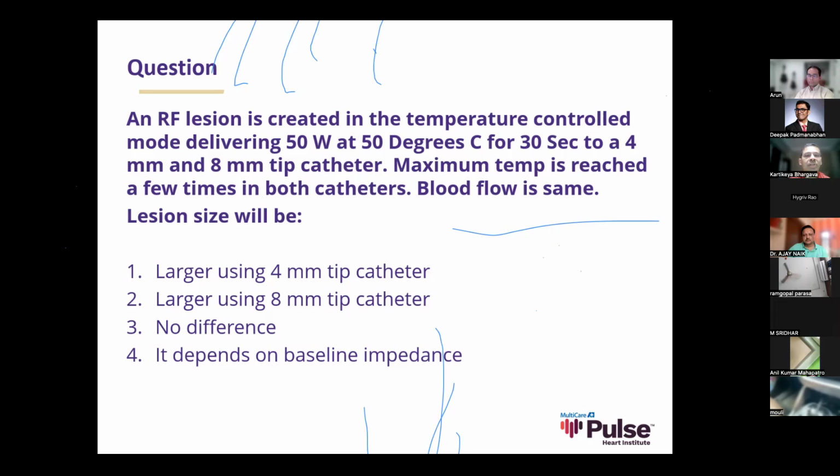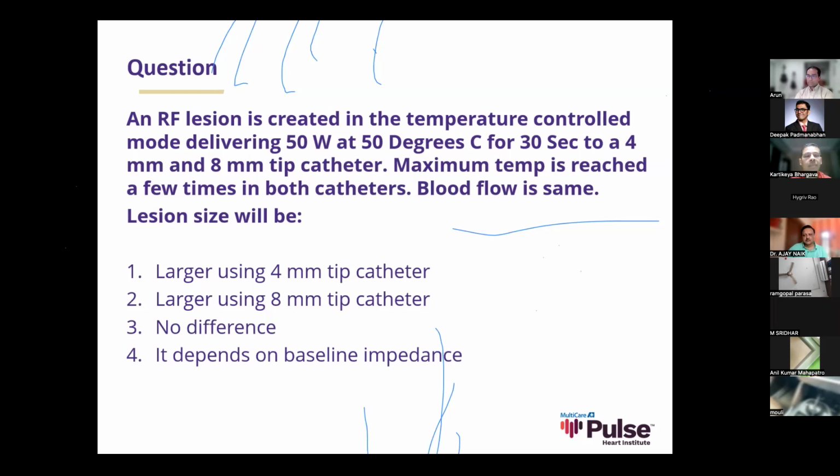Suppose it's a temperature control mode, and we have programmed it to 40 watts and 50-degree temperature. With delivery of just 20 watts, the temperature at the catheter tip reaches 50, so the system will never deliver more than 20 watts. That's what actually matters. What you had programmed as 40 watts is immaterial; the delivered power is 20 watts.